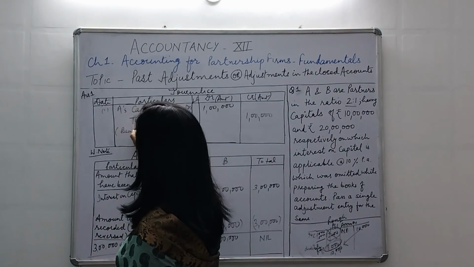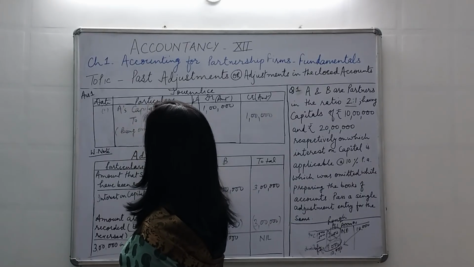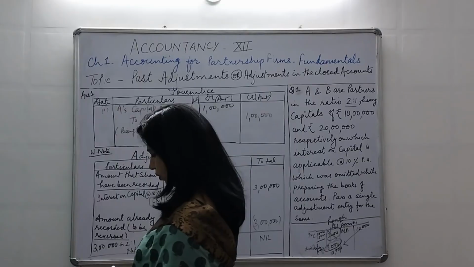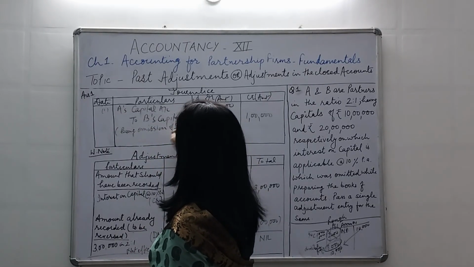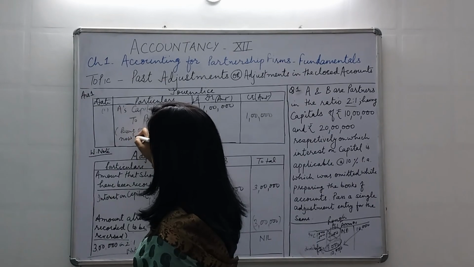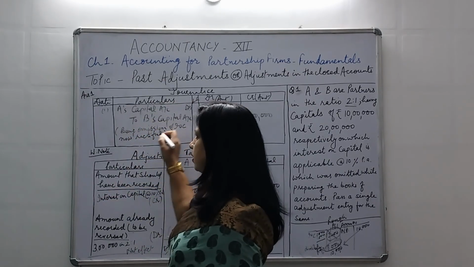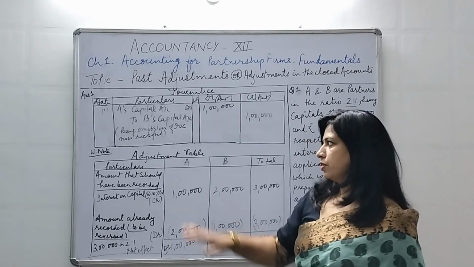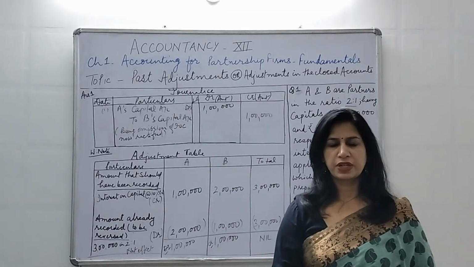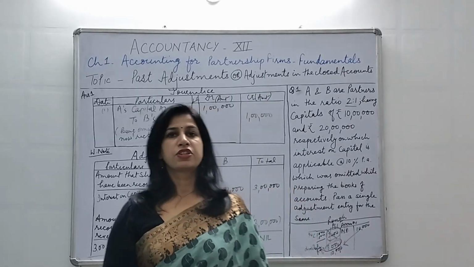So being omission of interest on capital now rectified. The interest on capital which was omitted is now rectified. So this is our adjustment entry, and this is the first method of past adjustment.